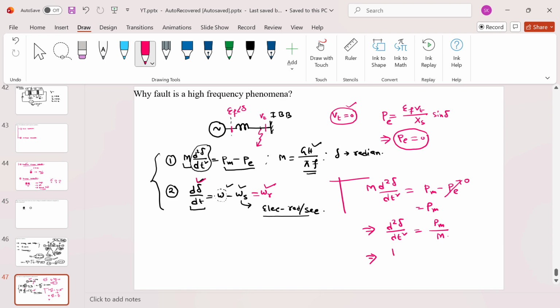If we separate it out, d of d delta by dt equals Pm by M.